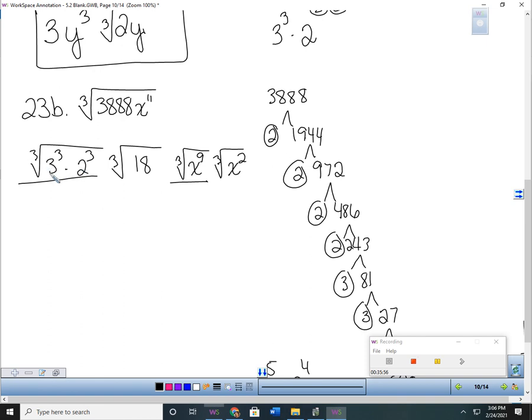So the cubed root of 3 cubed is 3, and the cubed root of 2 cubed is 2. So 3 times 2 gives you 6. So I'm done with that one. What's the cubed root of x to the 9th? X to the third. And then for the part that's left underneath, you have the 18 and the x squared.